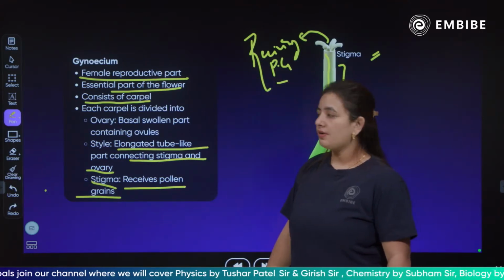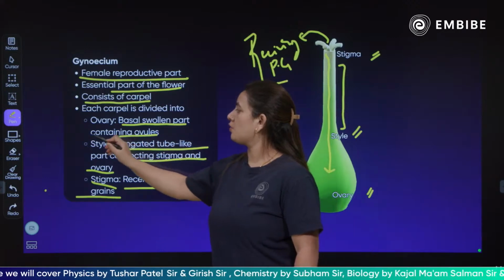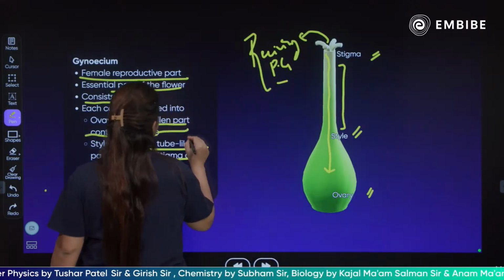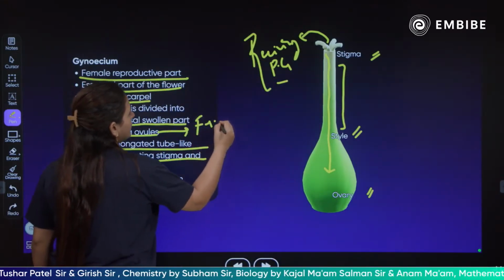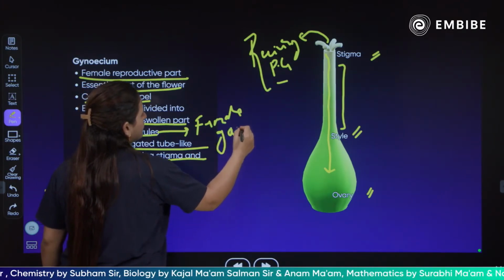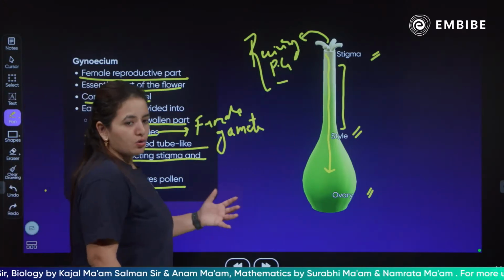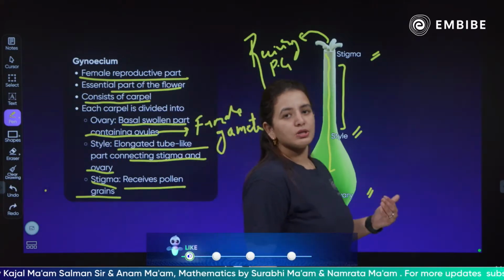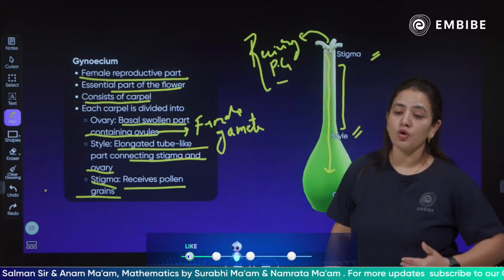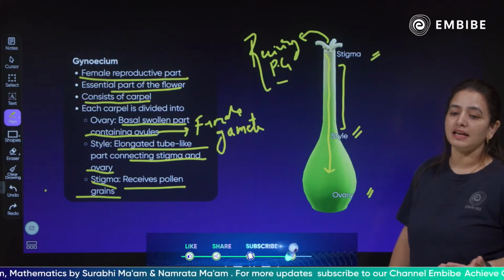Children, ovary is the basal swollen part which contains ovules. What are ovules? The female gamete. So the gynoecium has a unit called carpel. The carpel is further divided into stigma, style and ovary.